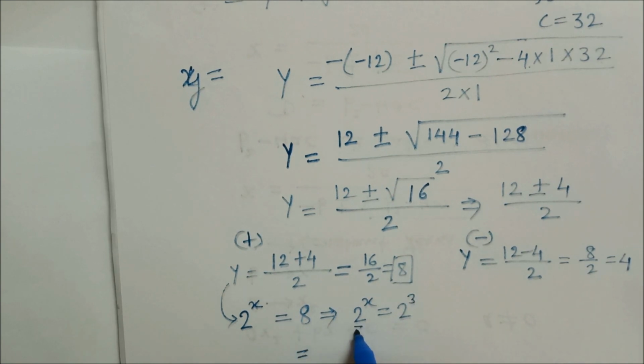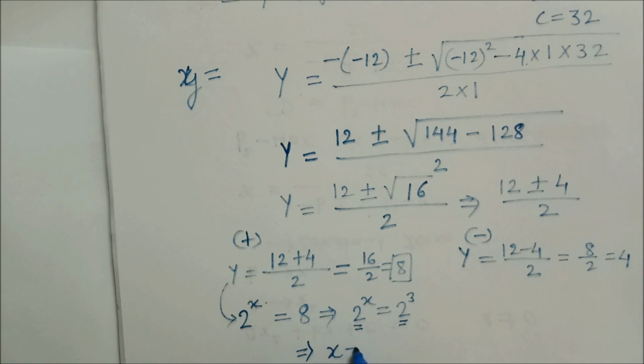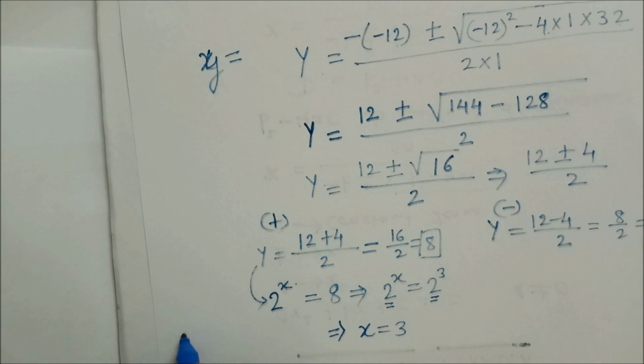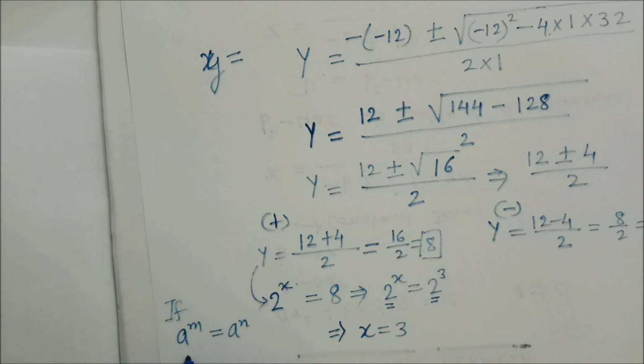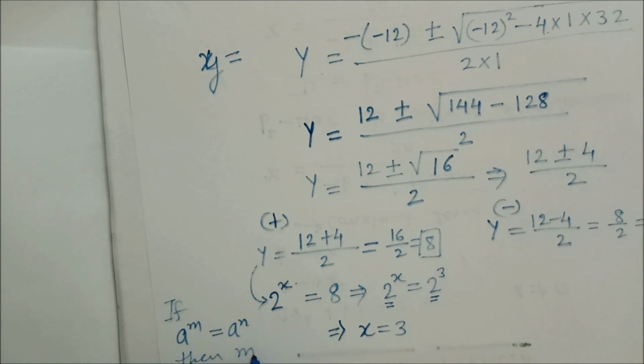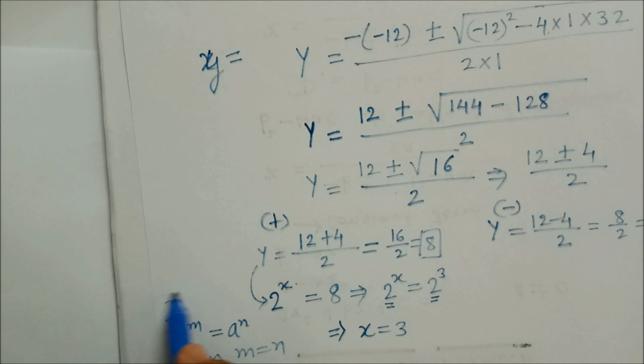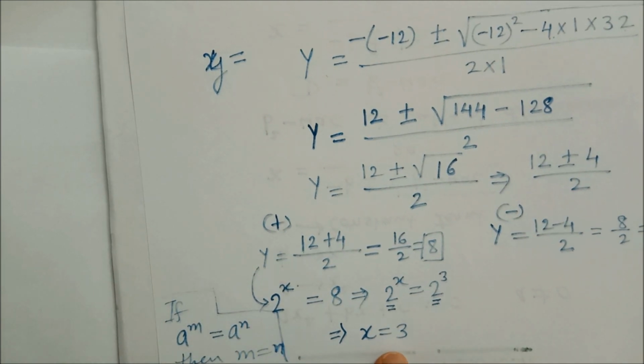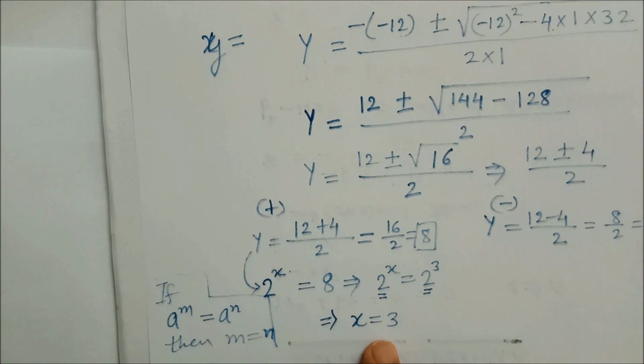Here the base of both portions is the same, so the powers are equal, so x is equal to 3. There is a law: if x raised to the power m is equal to x raised to the power n, then m is equal to n. According to this law, we have x is equal to 3.